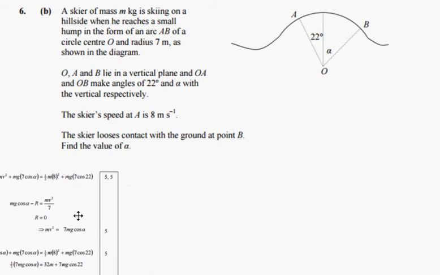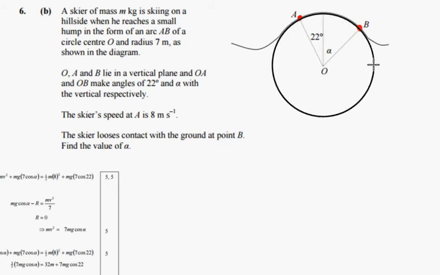Okay, so here's what we're going to do. We're going to mark these 2 points out here, and in effect we're going to treat it like a vertical circle question. We can take terra firma, or where your potential energy equals 0, as this part here.